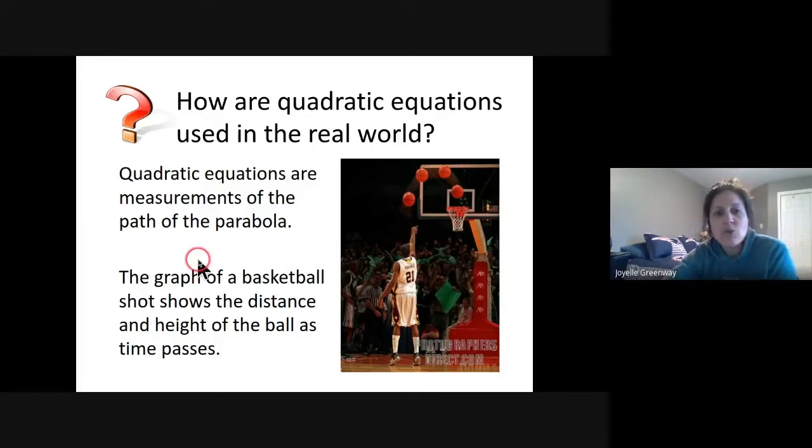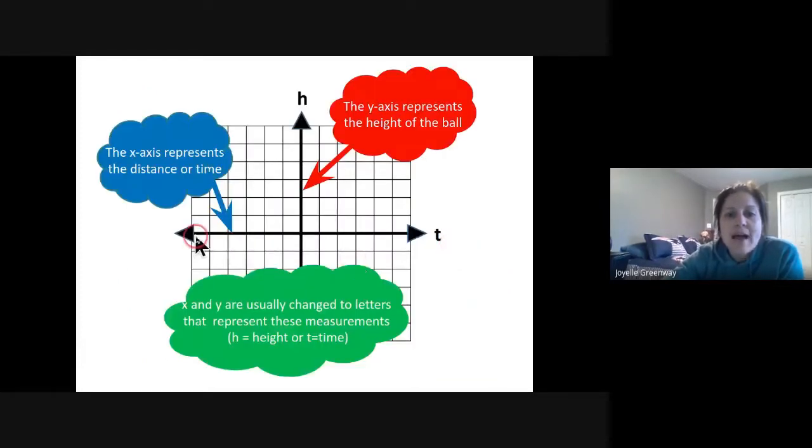The graph of a basketball shot shows the distance and height of the ball as time passes. Let's look at that on a coordinate plane. You have your time or your x-axis here, and then you have your height. The x-axis represents the distance or the time, depending on what you're looking at, and the y-axis represents the height.